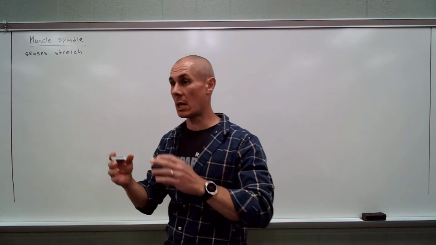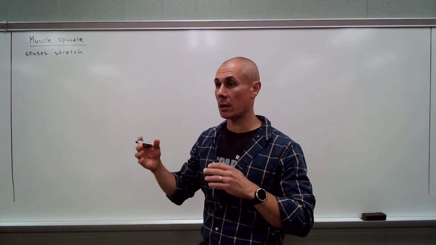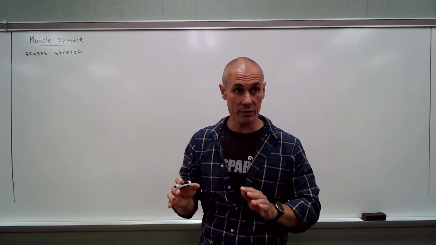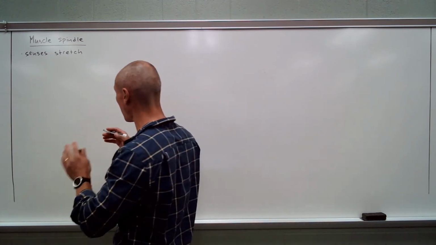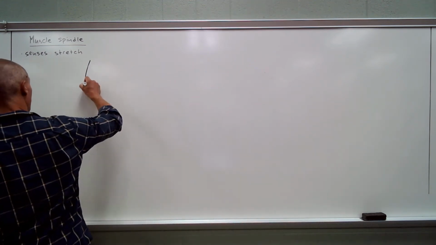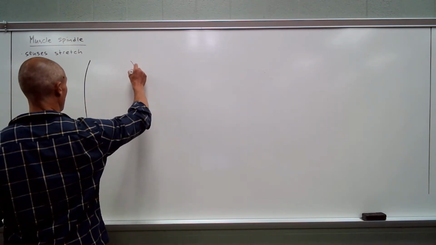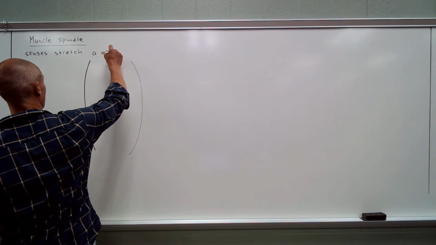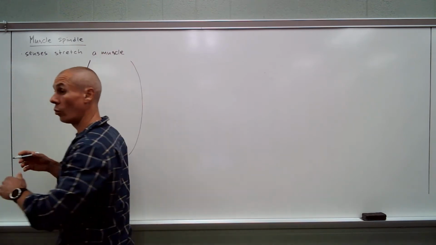Now, there's going to be some terms, and they may be a little bit confusing. So let me know if they are. I will try to explain them as good as I can. So imagine that this here is a muscle, okay?